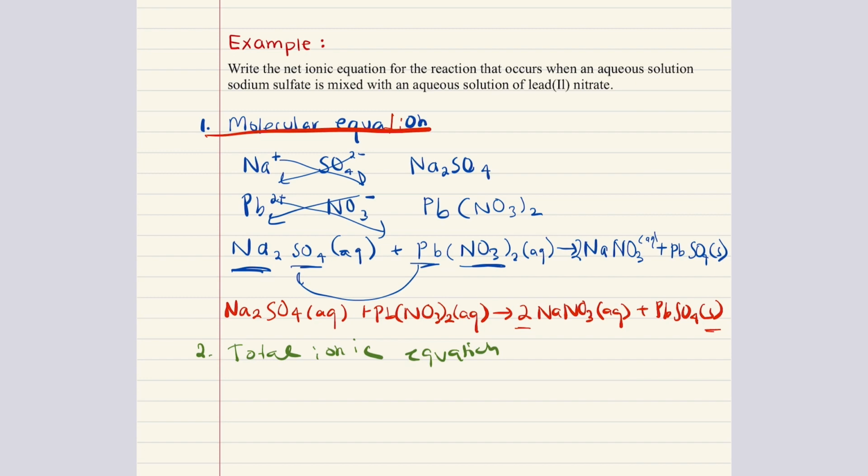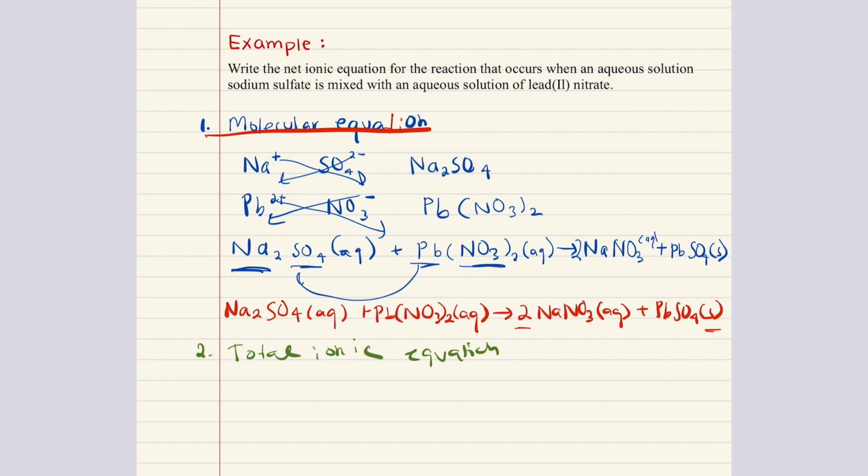Every strong electrolyte should be written as dissociated ions, since that is how it exists in aqueous solution. Remember that strong electrolytes are 1, strong acids, 2, strong bases, and 3, soluble salts. Sodium sulfate, lead nitrate, and sodium nitrate are all strong electrolytes since they're soluble salts.